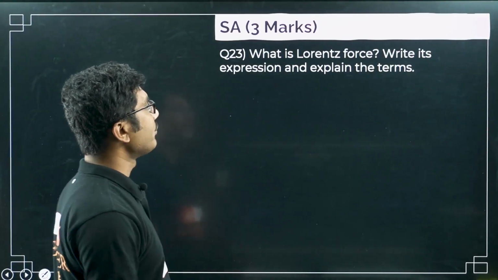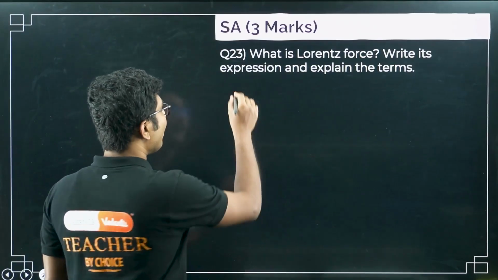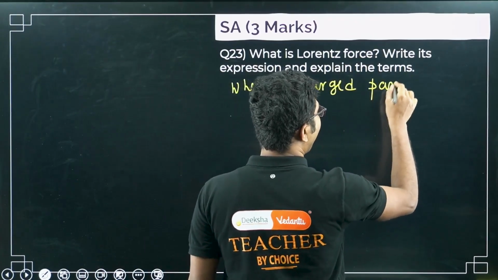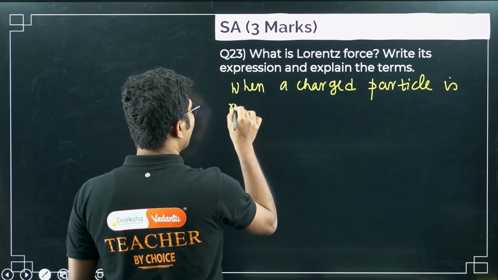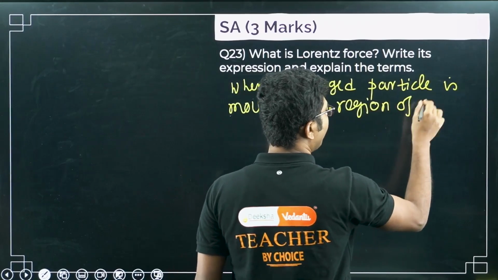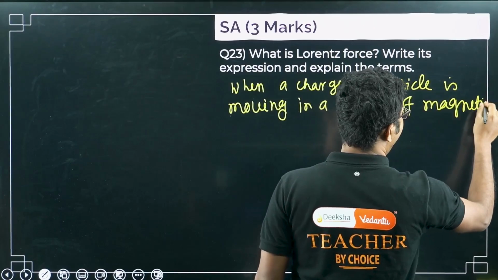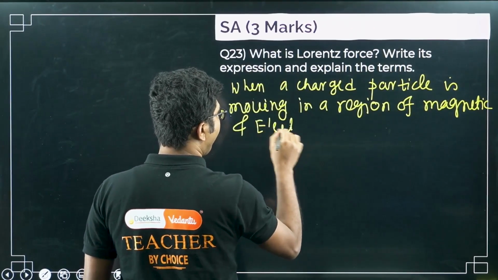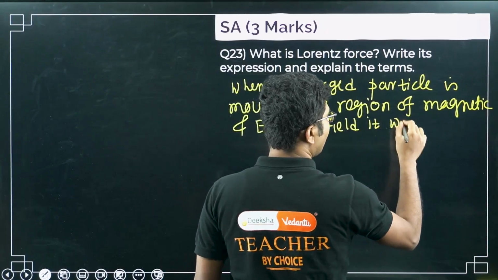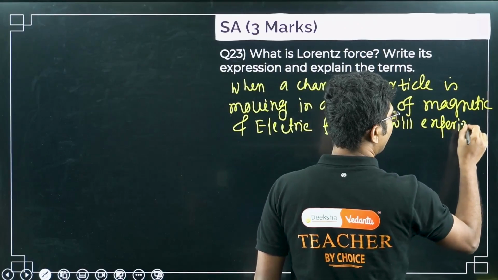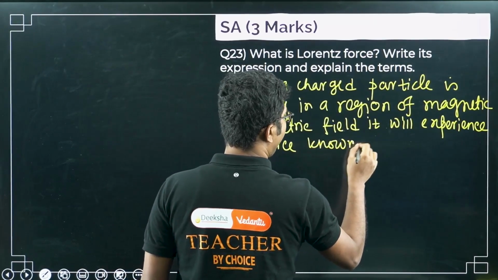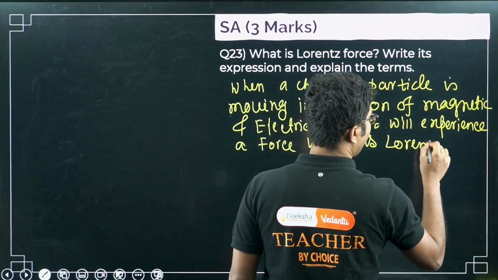Next, 23, what is Lorentz force? Write its expression and explain the terms. So Lorentz force is when a charged particle is moving in a region of magnetic and electric field, it will experience a force known as Lorentz force.